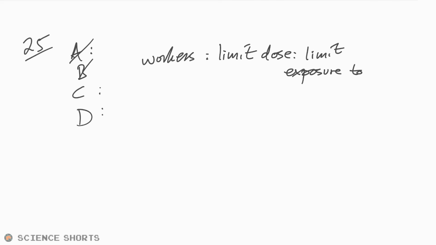But if we're talking about workers, we want to limit dose, so limit exposure to high activity. And so if it has a high activity, that means that it has a high decay constant because it's decaying very quickly. And so therefore we are talking about D. I don't like these questions though.